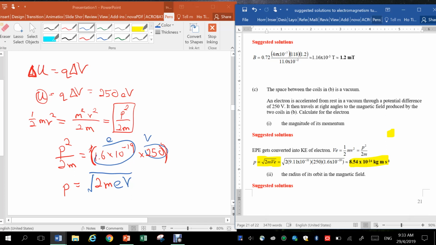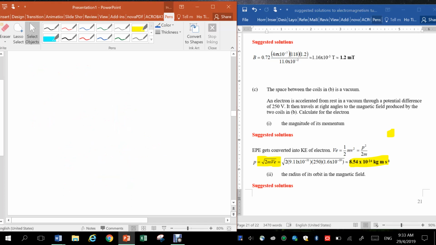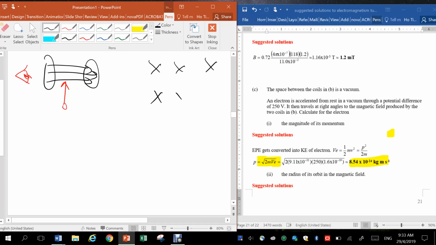Next, we are asked to find the radius of its orbit in the magnetic field. This is more in the realm of E&M. Imagine that the two coils make the B field point this way, and the electron is coming out this way. If you're now looking from this direction, you'll see the B field pointing into the page, and the velocity coming out.